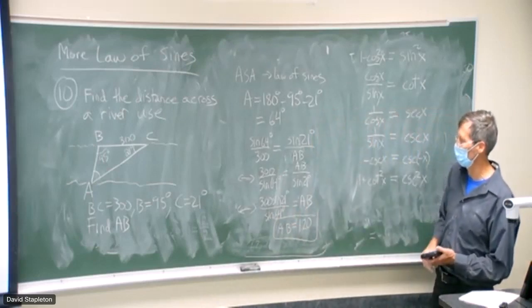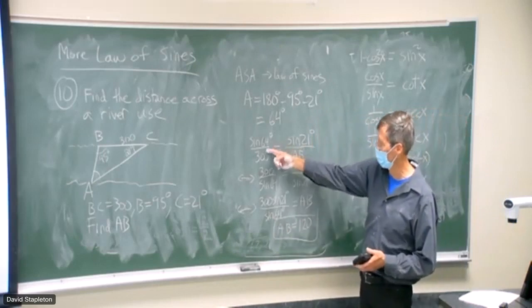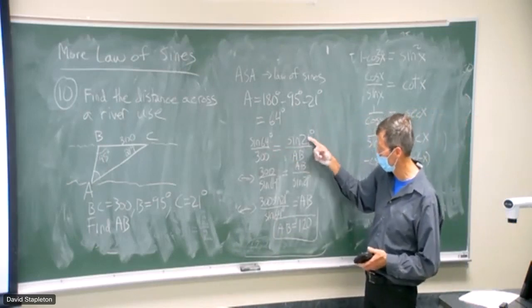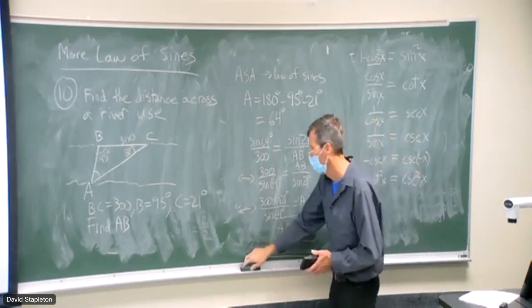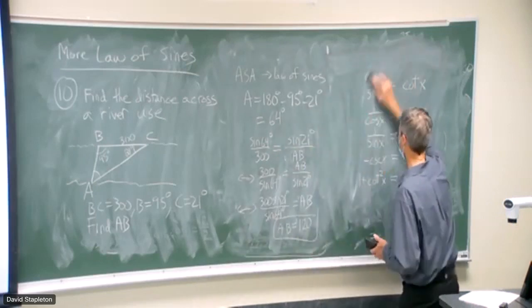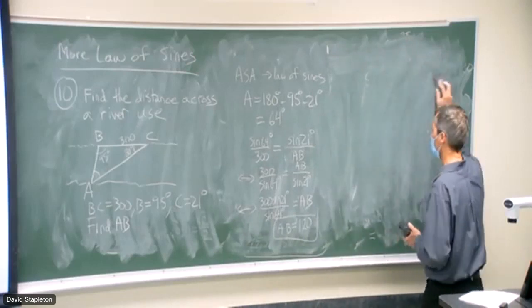That was the law of sines. It said sine of any angle is to its opposite side as the sine of any other angle is to its opposite side. And so it was three laws. We wrote it like this, using their notation.